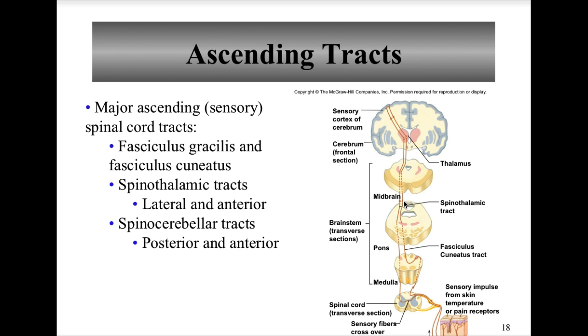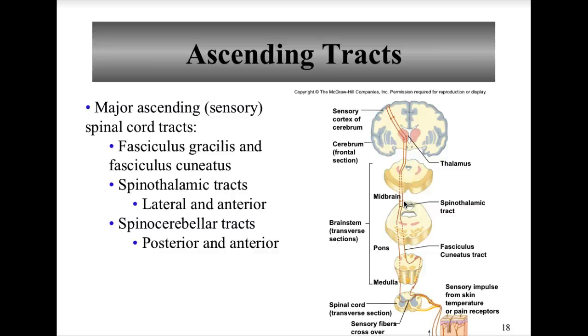And then you have the spinothalamic tracts, and they are located as a lateral tract in the lateral column, and the anterior tract located in the anterior column. As far as the spinothalamic lateral tract, the information carried there will be pain and temperature, and the anterior tract is going to carry information related to touch and pressure.